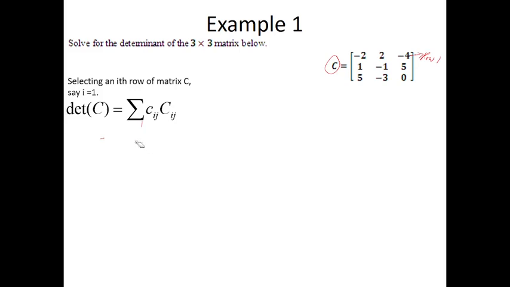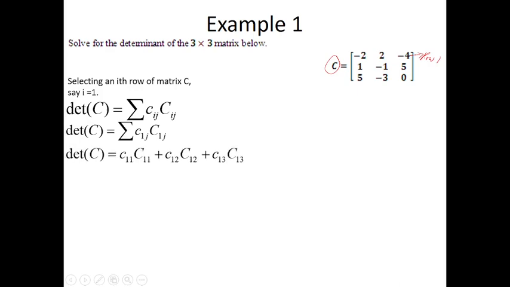So, in that case, let's apply. We had selected i equals 1. We select i equals 1 kasi row 1 yung ating naging reference. So, this will now be the formula.